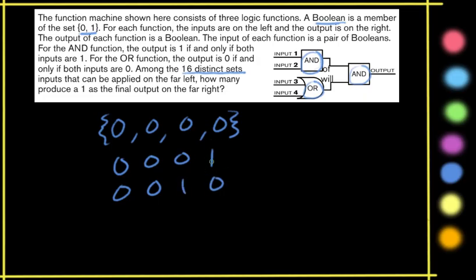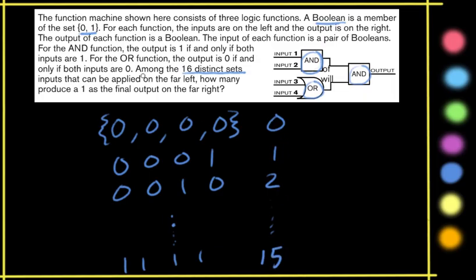And what you'll hopefully realize quickly is that these are all the binary numbers from 0 up to 15, right? So if we list these all out, the last one will be 1, 1, 1, 1, which is the binary representation of 15. This is the binary representation of 0, this is the binary representation of 1 and 2, and all the way up to 15. So you've got 16 possible sets of inputs.